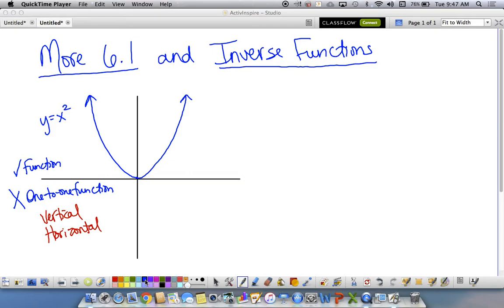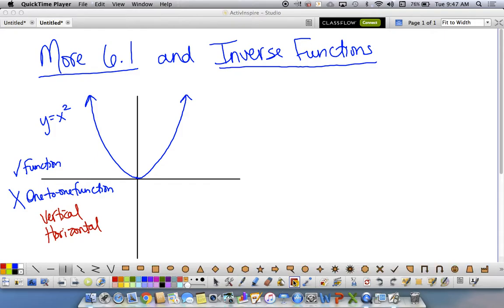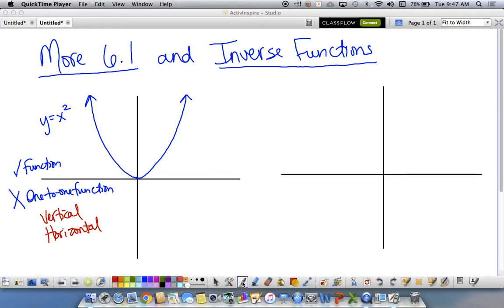But what if I could make a restriction on my x's and y's? What if I wanted to graph y equals x squared where I restricted my domain?